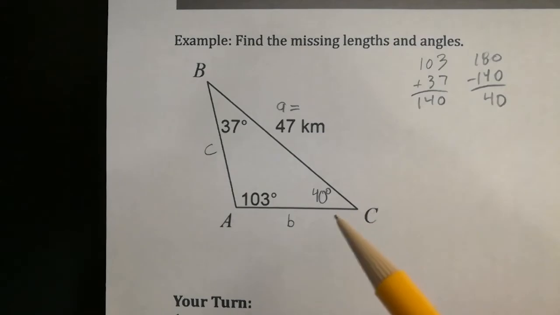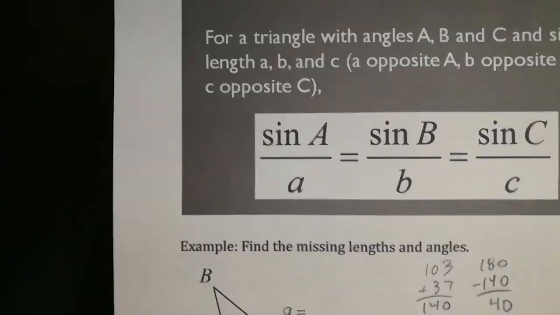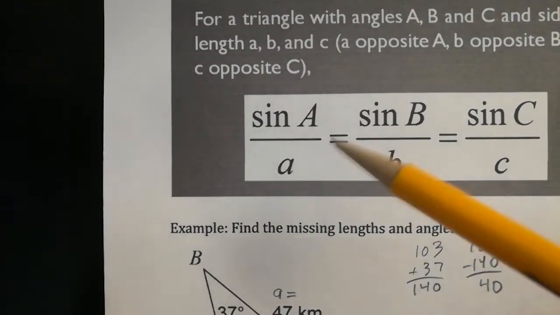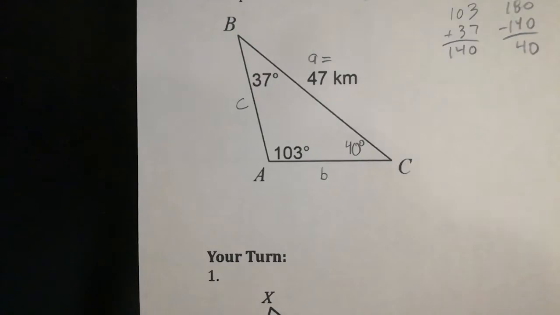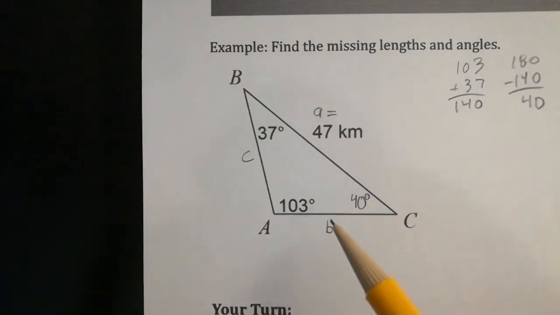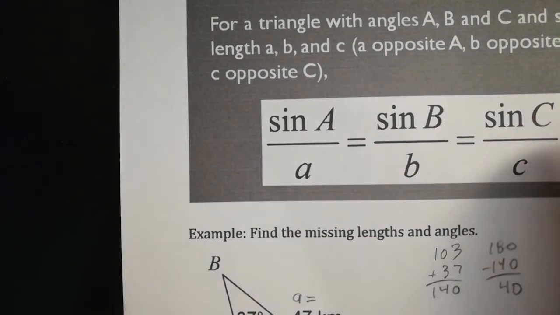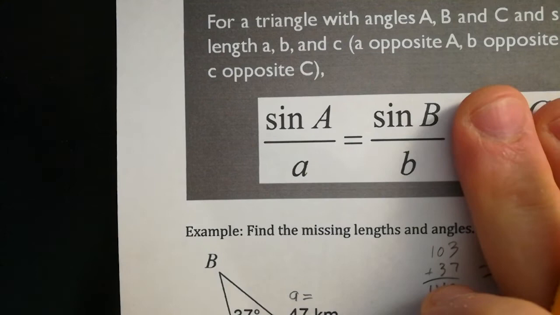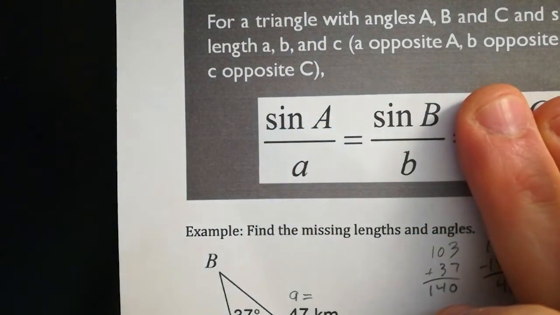Now we need to find these two side lengths. Looking at this formula, you'll notice it's always an angle and its opposite side. In order to have enough known information, whatever version of the formula we use, you'll need to know three of these pieces of information, any three, so that you only have one unknown.